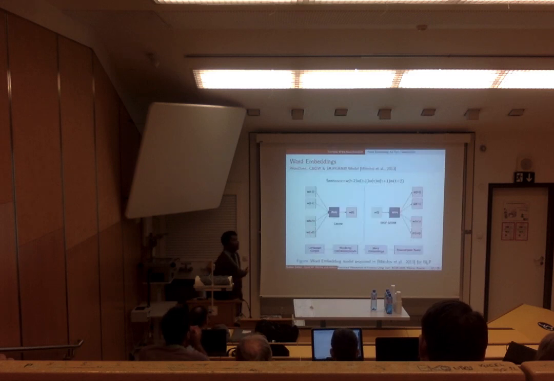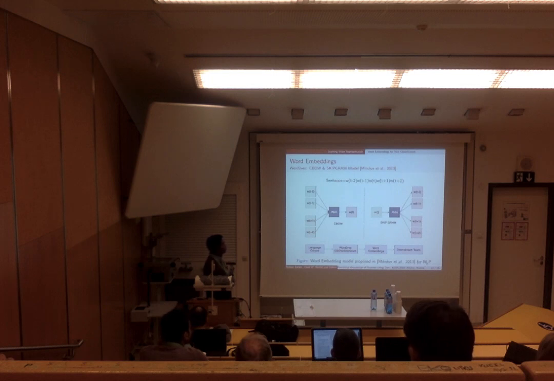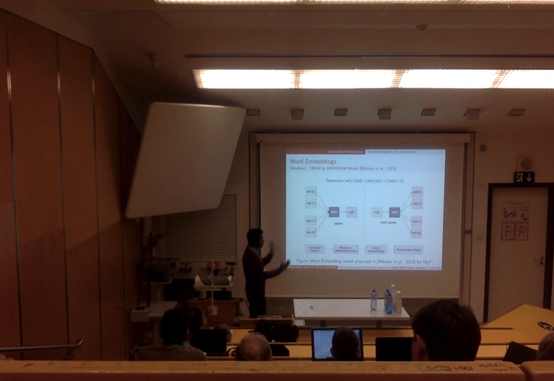Basically our work is based on embedding. So I will talk about word2vec, which is a popular word embedding technique published by Mikolov. There are two types of word embedding.